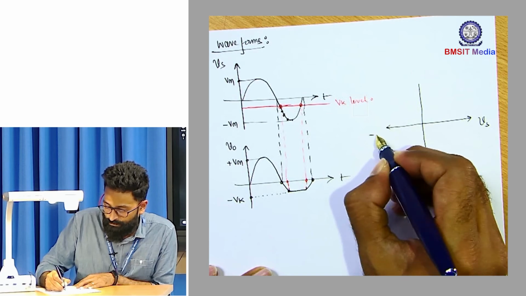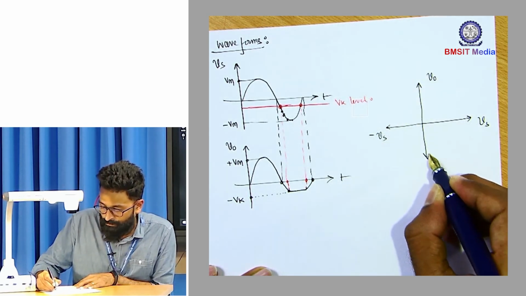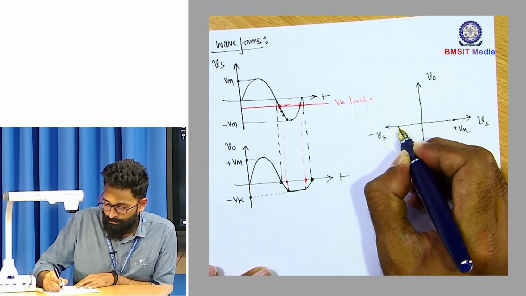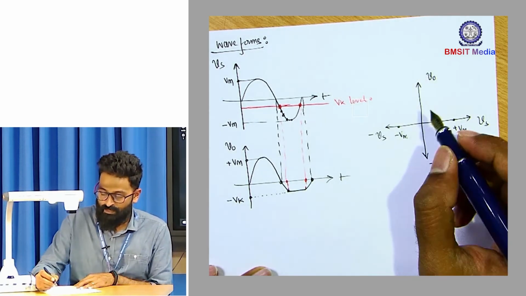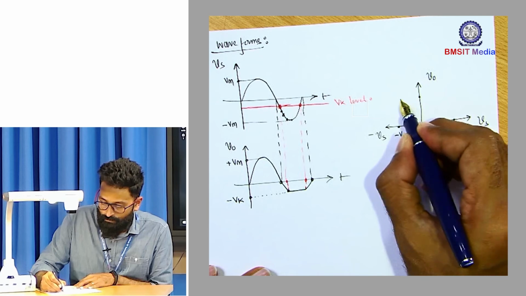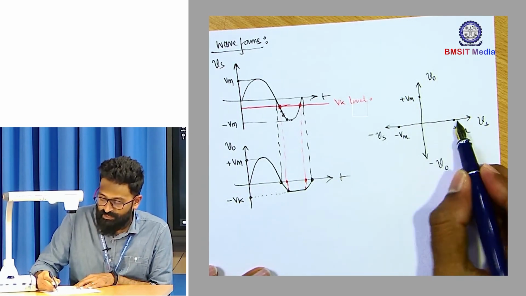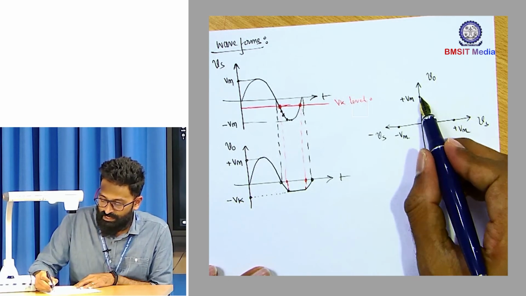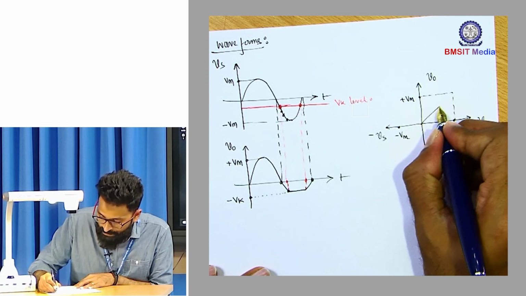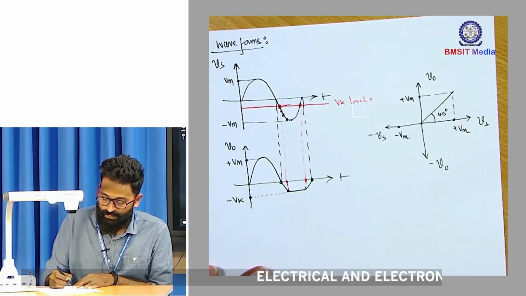Vs, minus Vs, V0, minus V0, plus Vm, minus Vm, and plus Vm for the output. So for the entire positive half cycle of the input, output is a positive bound signal, hence a straight line at an angle of 45 degrees.